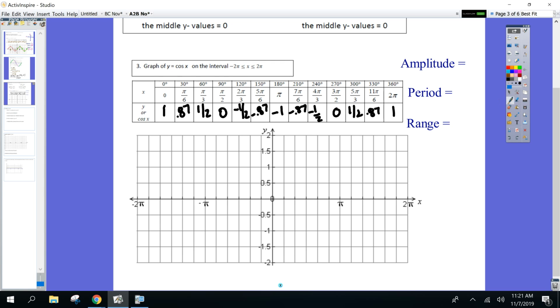And if you want, go ahead and try to graph the points now. 0, 1. You guys can graph all of them. I'm actually going to cheat and just graph in between.